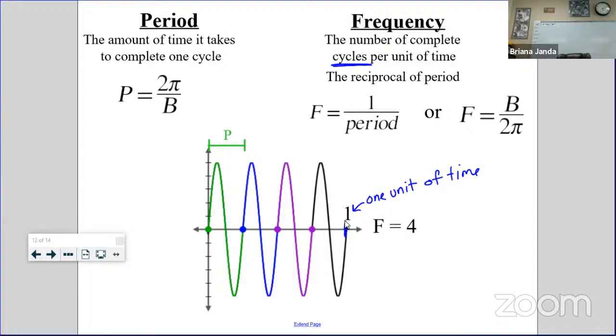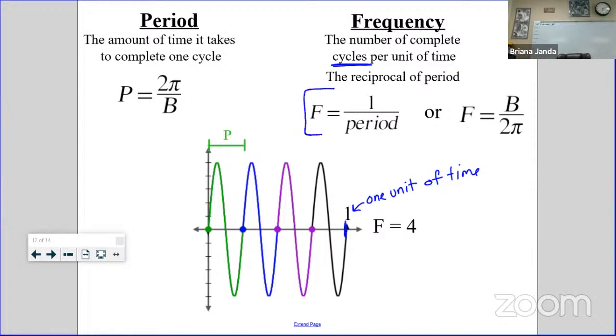Period is 1 complete curve. How long does it take to complete 1 curve? So you can see I have that highlighted in green here. And then if we follow this, we've got 1, 2, 3, 4 curves in 1 unit of time, which would make our frequency 4.